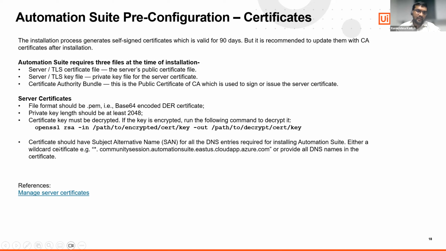Okay, and the certificate should have the SAN, that is Subject Alternative Name, included as DNS entries. Like in our case, it is community session automation suite dot eastus dot cloudapp dot azure dot com. So star dot fqdn, or if you specifically want to put specific domain names like monitoring dot fqdn, objects dot fqdn or registry dot fqdn, then it is also fine, right?